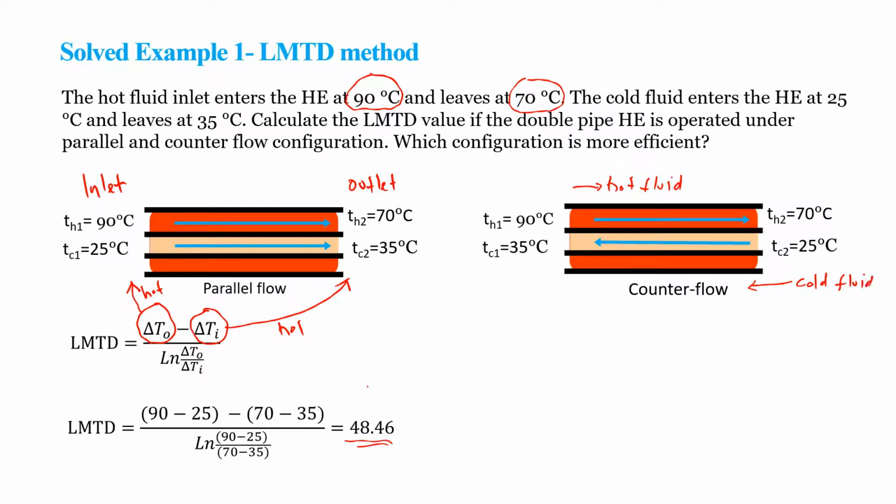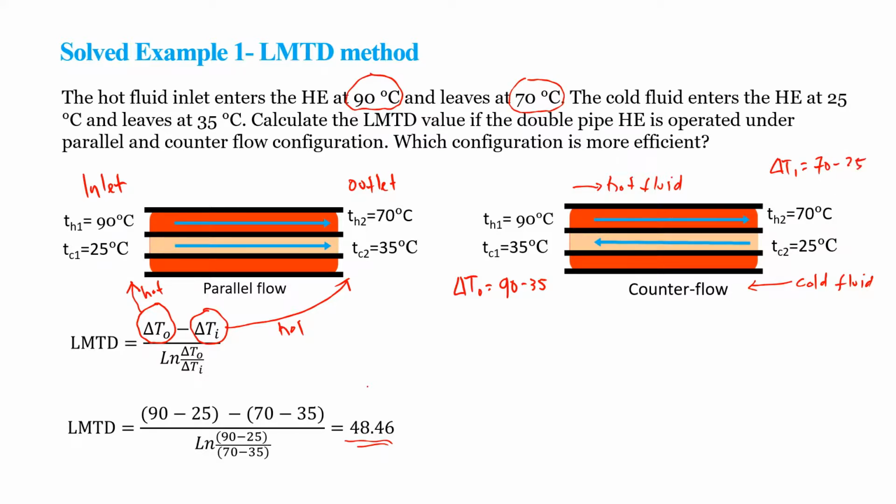And of course, delta TO here is the same as the one on the left. We always refer to the hot. So it's 90 minus 35, and then delta TI here is at the outlet of the hot fluid, which is 70 minus 25.